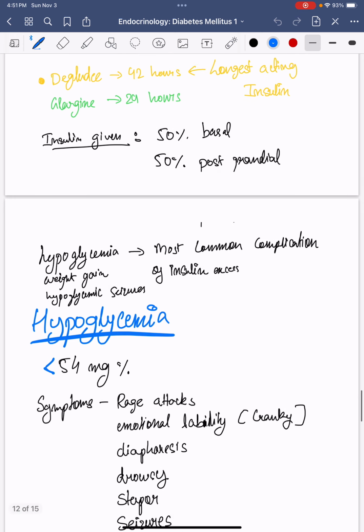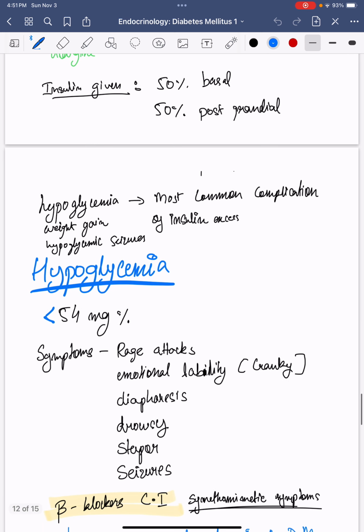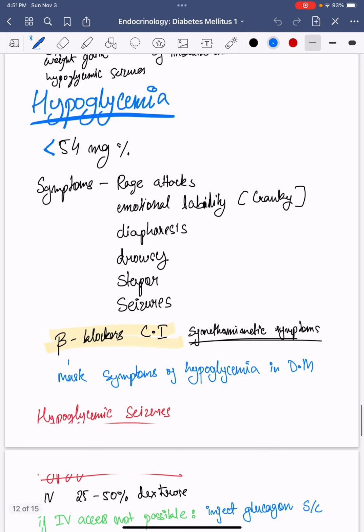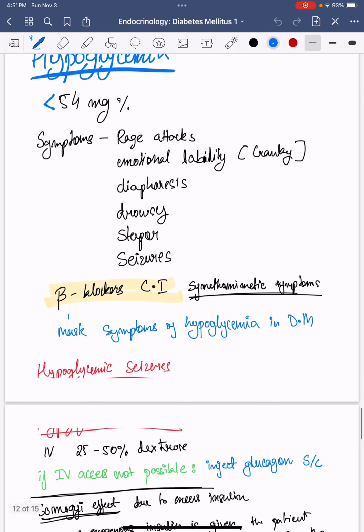Hypoglycemia is the most common complication of insulin excess, but there can also be weight gain and hypoglycemic seizures. What is hypoglycemia? Hypoglycemia is when the blood sugar falls below 54 milligram percent, and the symptoms can be emotional lability like crankiness, diaphoresis, drowsiness, stupor, seizures, and rage attacks.